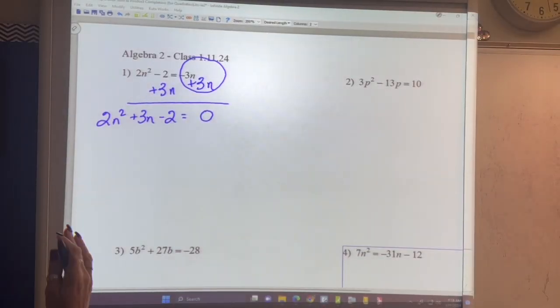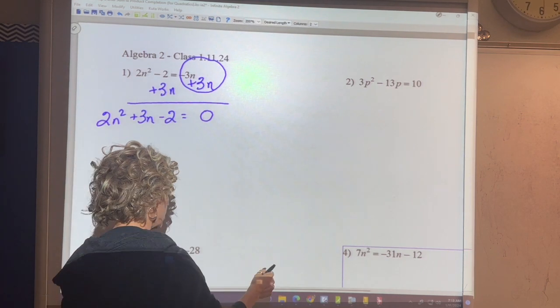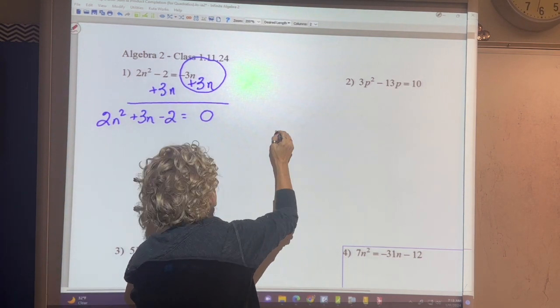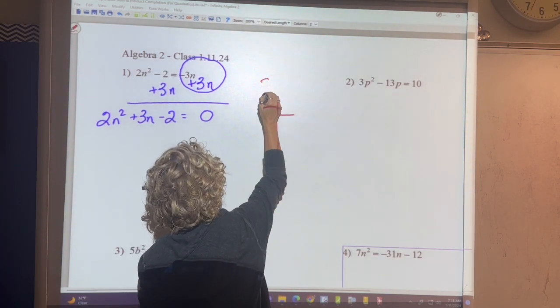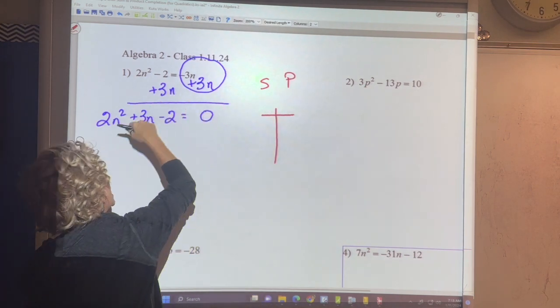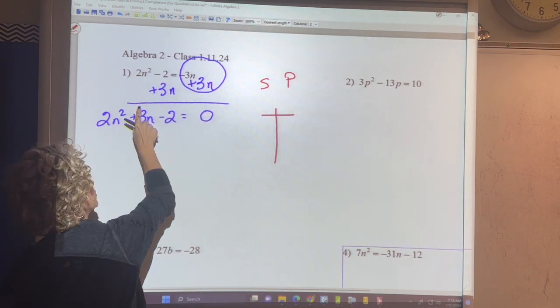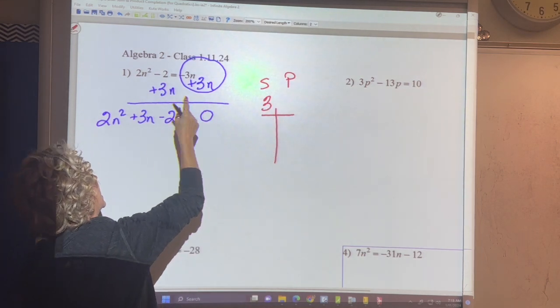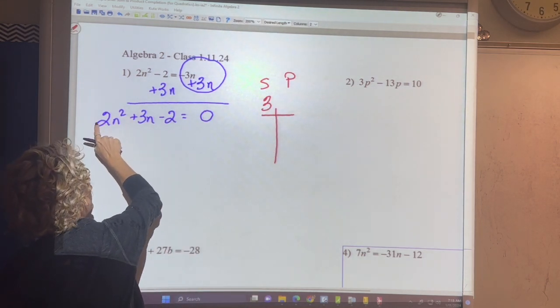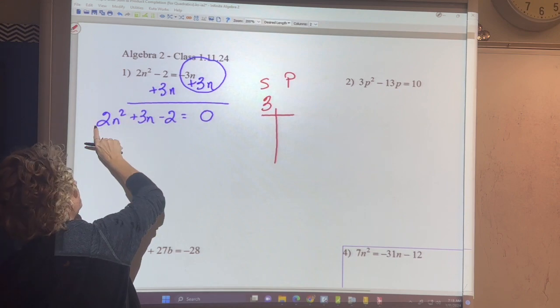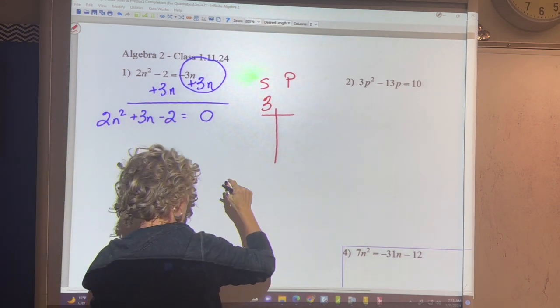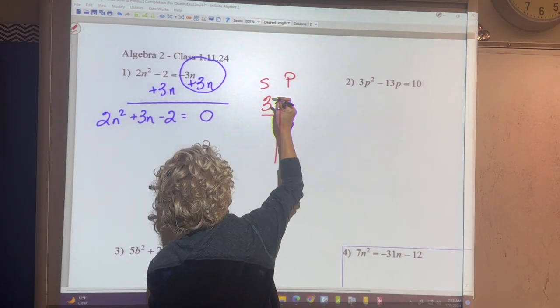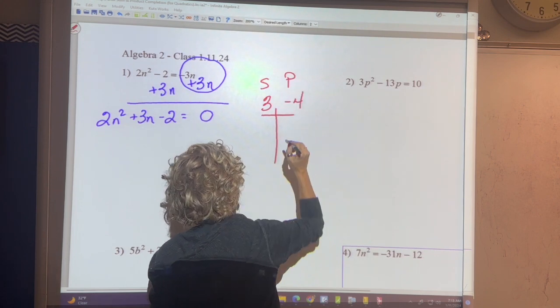So from here we're going to do our sum and product chart. We've done these steps. We have the sum and the product. The sum is the coefficient of our linear term. The linear term is 3n, so the sum will be 3. Product is our quadratic coefficient times our constant, A value times C value. So A times C, 2 times a negative 2, is a negative 4.